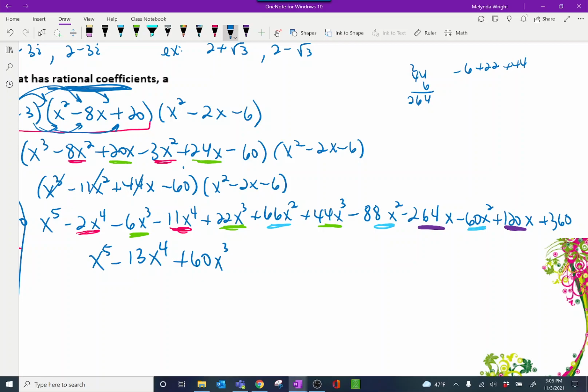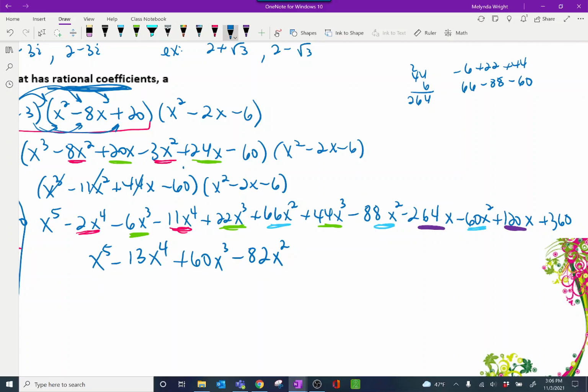Okay, let's work on the squares. I've got 66 minus 88 minus 60. Let's see, the 66 minus 60 would give me 6. So what is that, negative 82x squared. Okay, now let's look at the plain old x's.